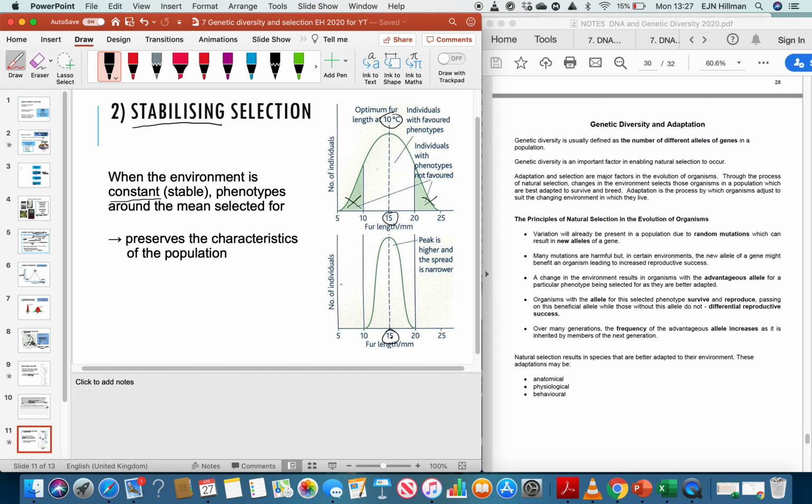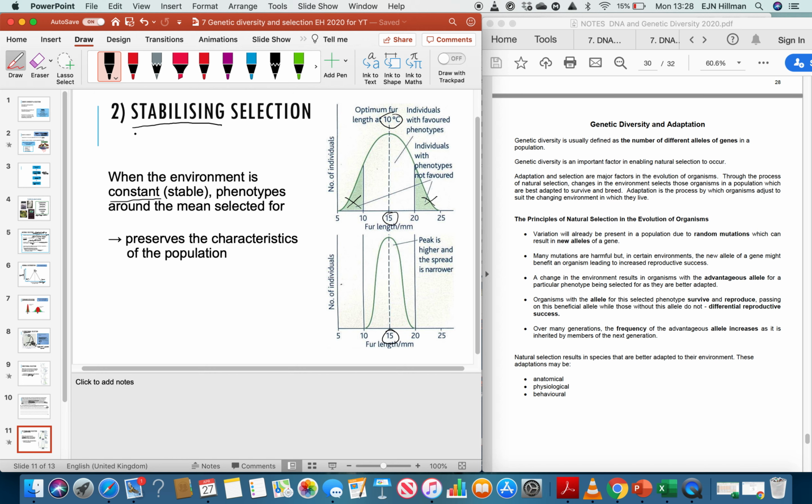They survive longer, reproduce more often, pass on more of those alleles to their offspring, compared to the ones at the extreme, which survive less, reproduce less often, and pass on fewer of their alleles. And what we see here then is the standard deviation becomes smaller.